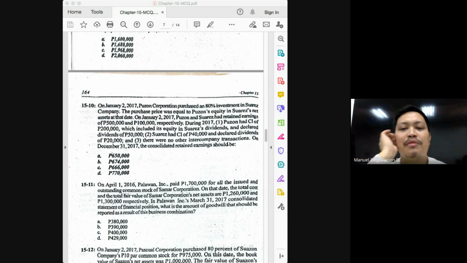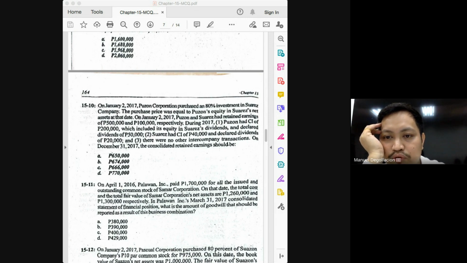Once you have the income of the parent from its own operations, what else do you need? Add the adjusted income of the subsidiary. But here, I don't think there are any adjustments to the income of the subsidiary. Okay? So, income of the subsidiary is 40,000.